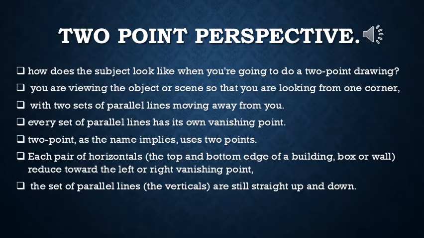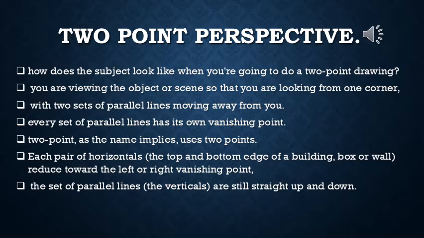In two-point perspective, we are looking at the edge of the object with two sets of parallel lines moving away from you. The center of the drawing is the edge of the object, and the two sets of parallel lines are going away from you, and this shows the depth of the object.